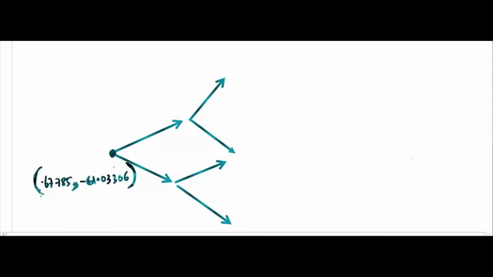Current share price is 100. So 67.785, you need this money to have these many shares, right? But you borrowed only 61.03306. So you must have spent some amount from your pocket, right? So that must be a positive amount. It's not zero.